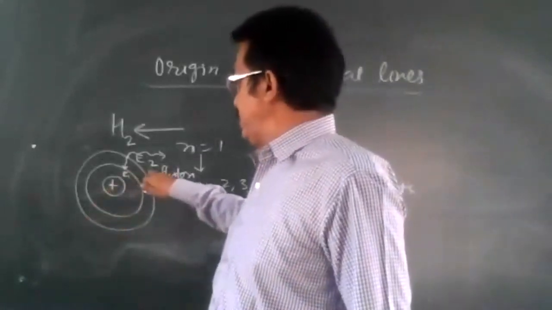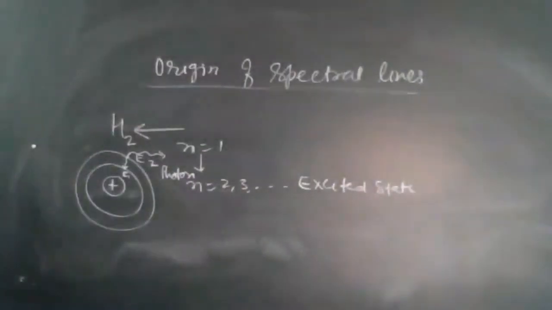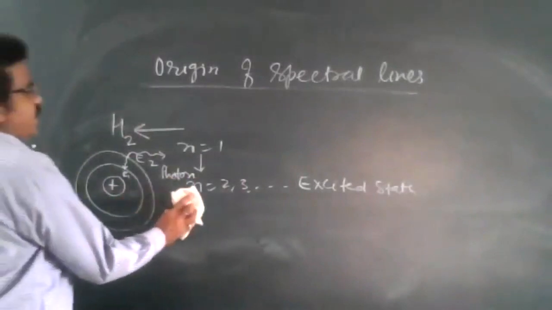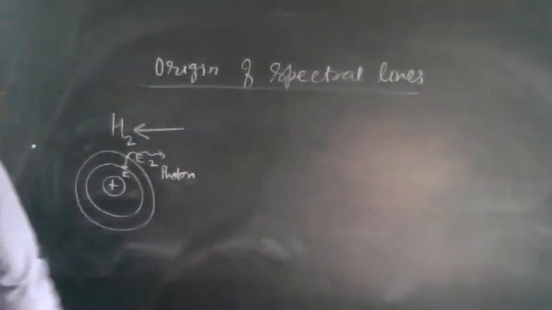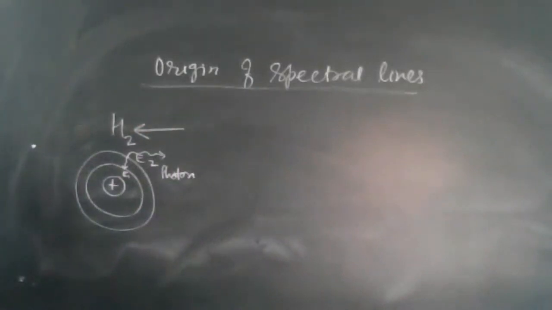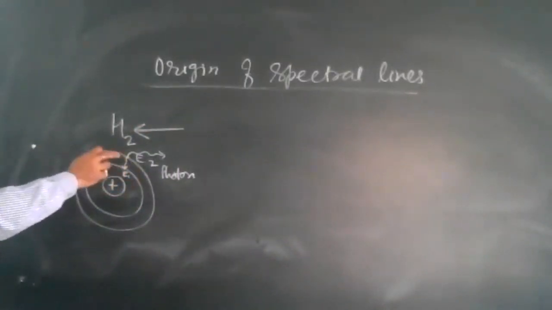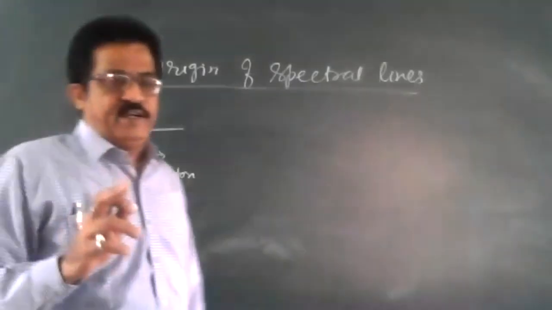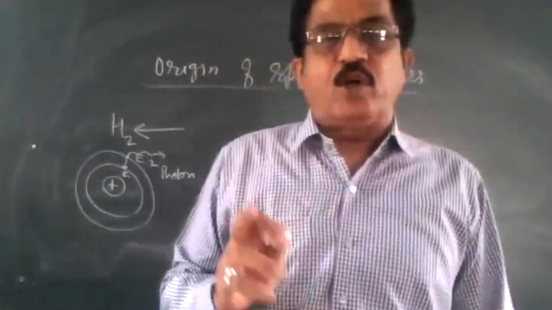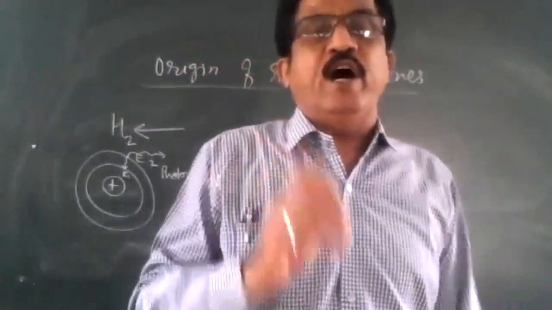Here you can see a photon released, a photon of particular energy. E1 is the total energy of the electron in the inner orbit. E2 is the total energy of the electron in the outer orbit.